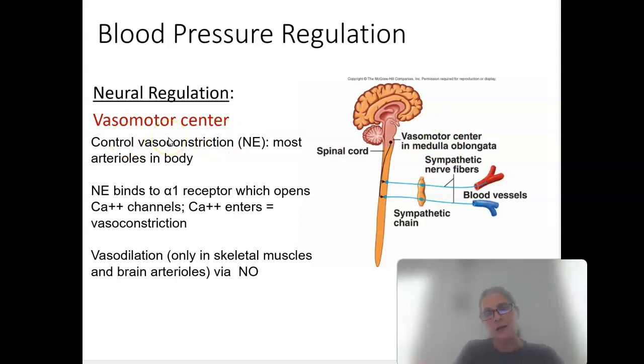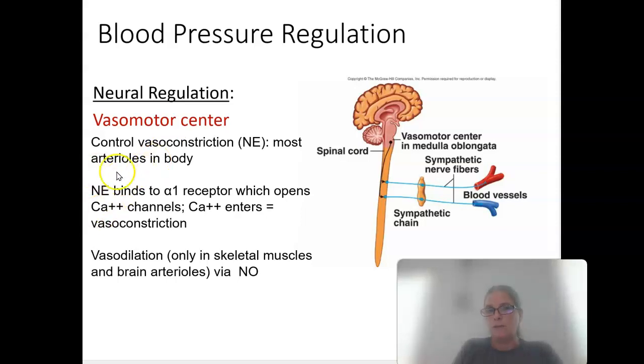And this center is going to primarily release norepinephrine. It sends this out to the blood vessels, mostly arterioles, but out to the blood vessels of the body. And so the vasomotor center is going to regulate the vasodilation and vasoconstriction, right, the opening and closing of those blood vessels.